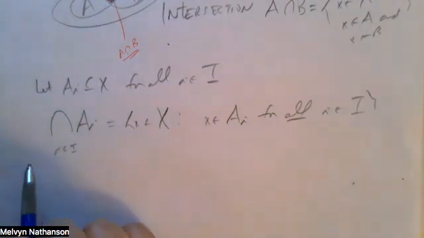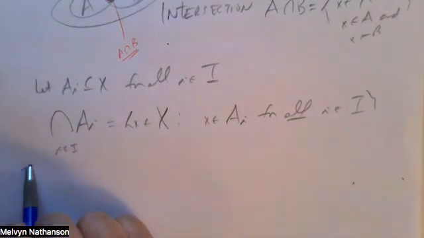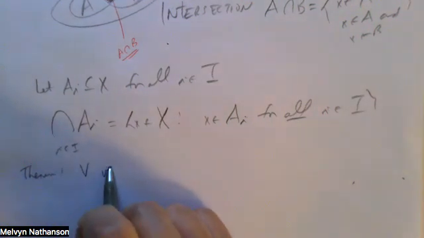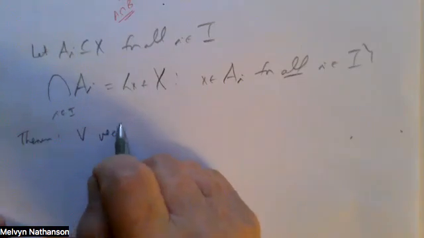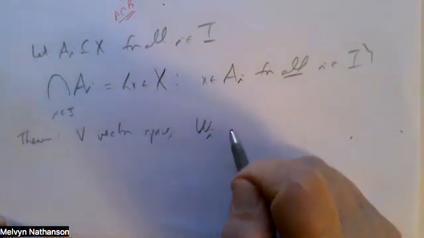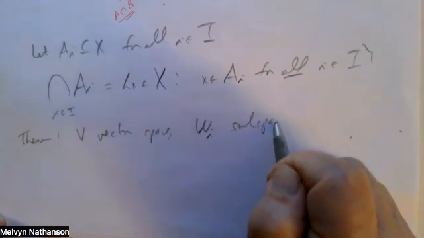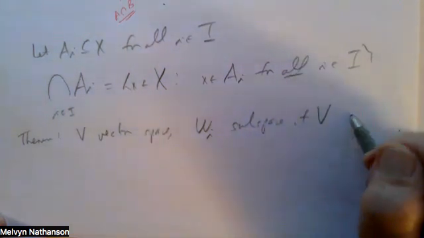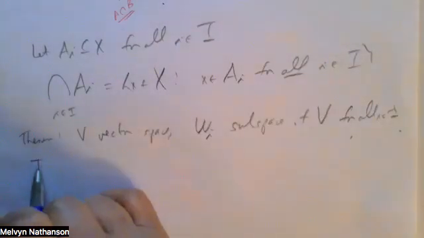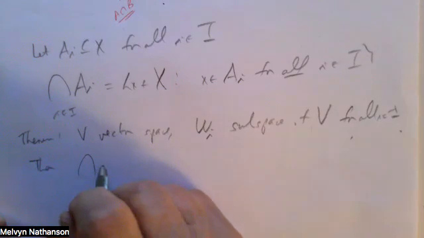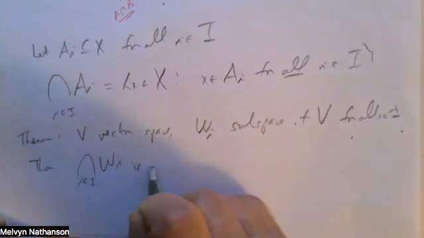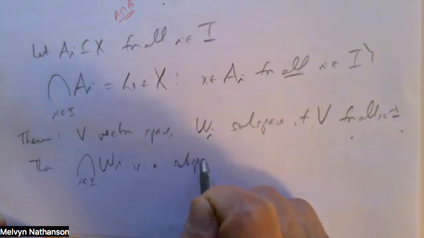And a nice theorem says the following. V is a vector space, and W_i is a subspace of V for all i in I. Then the intersection of all of these subspaces is a subspace of V also.